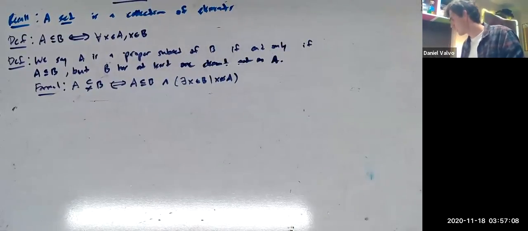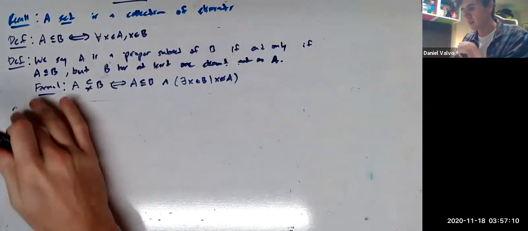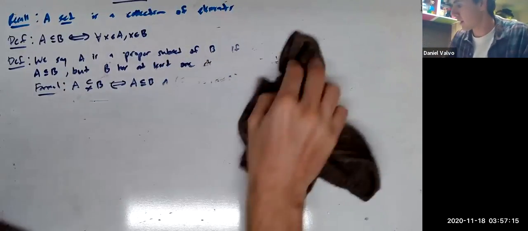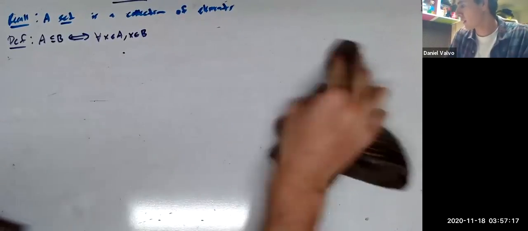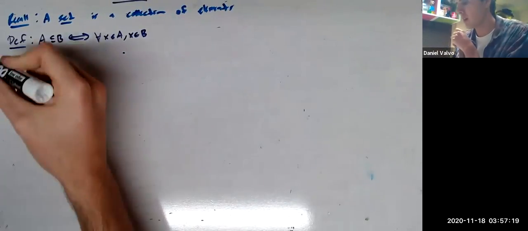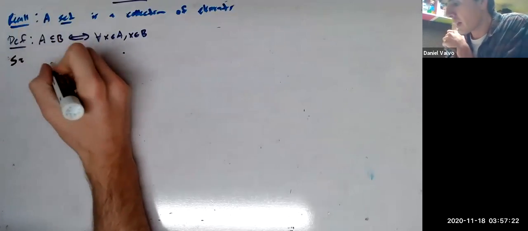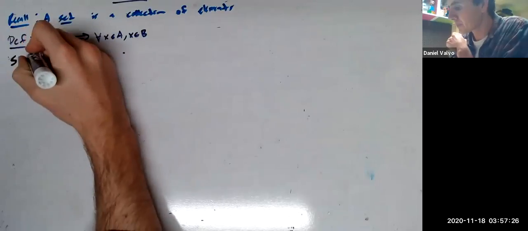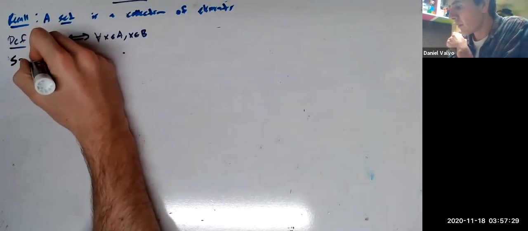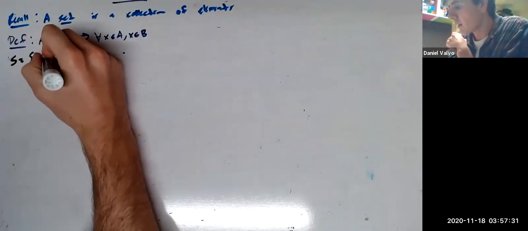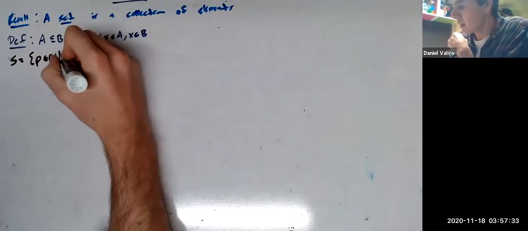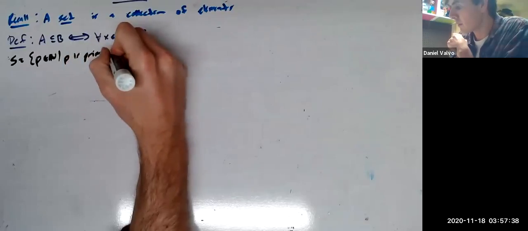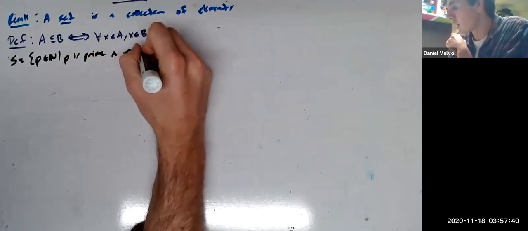Another example. I'm trying to get rid of some of these definitions just to give us some room here. Let's go ahead and let S equal this weird, interesting set. It's going to be all p in N such that p is prime and p is greater than or equal to 3.